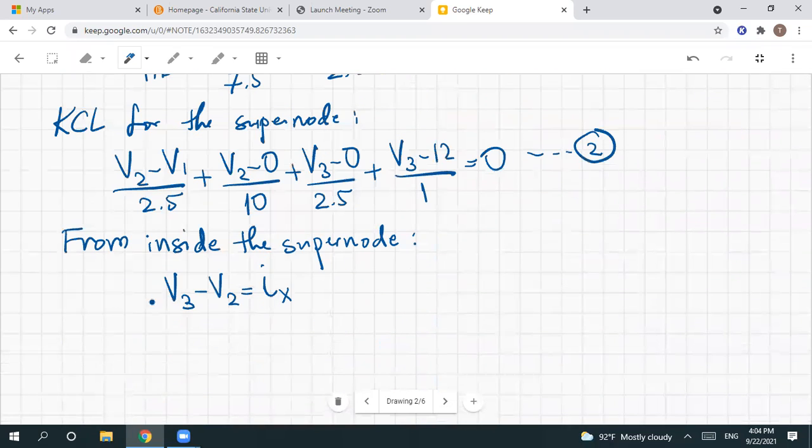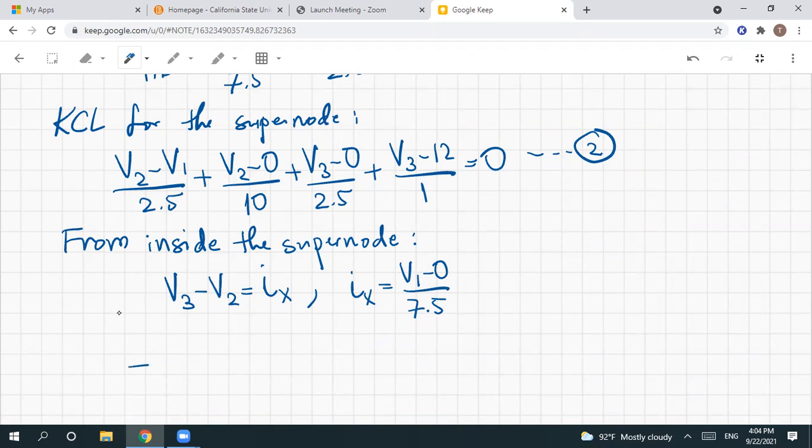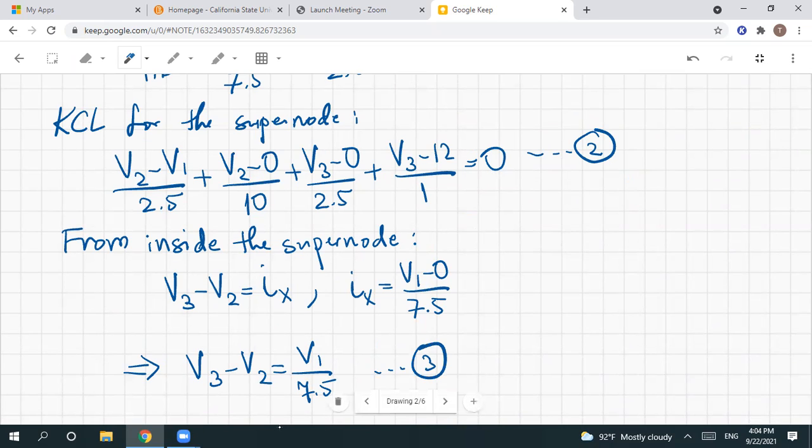Exactly. Thank you so much. So IX is equal to V1 minus 0 over 7.5. And from here, I will say V3 minus V2 is equal to V1 over 7.5. And this is my third equation. Okay. Is it clear so far, please?